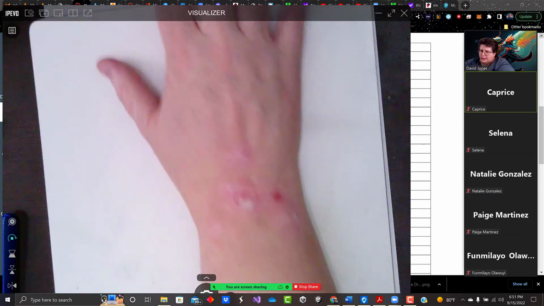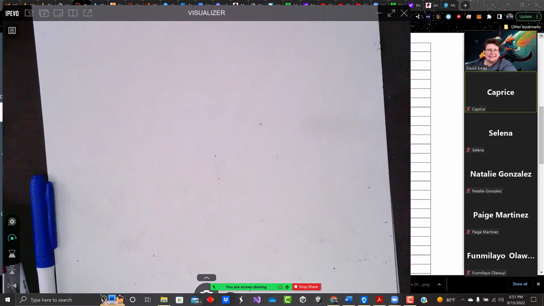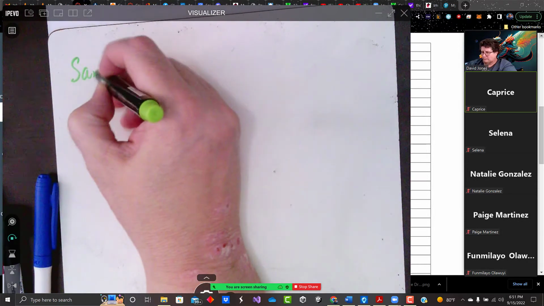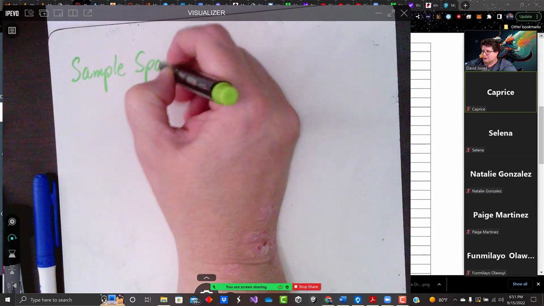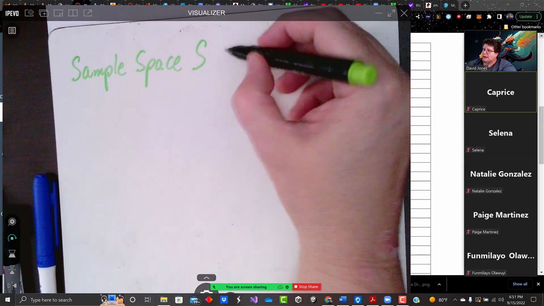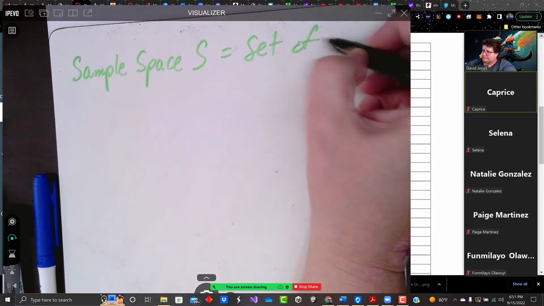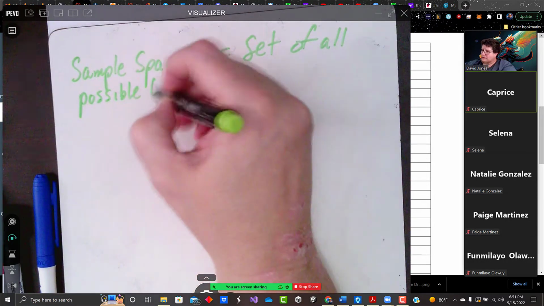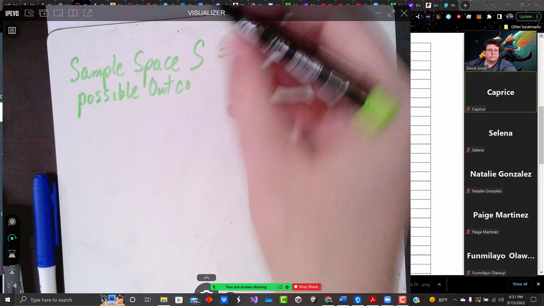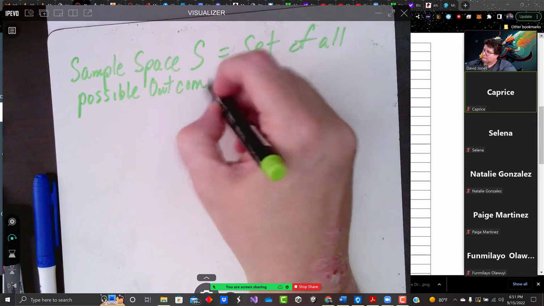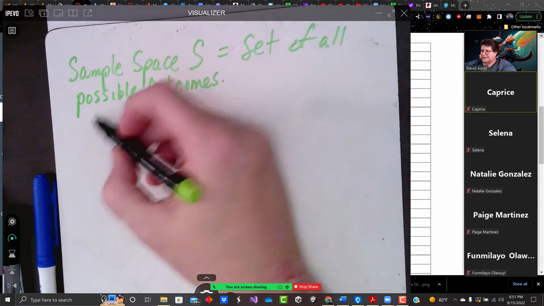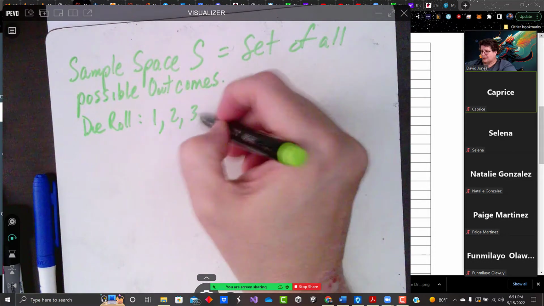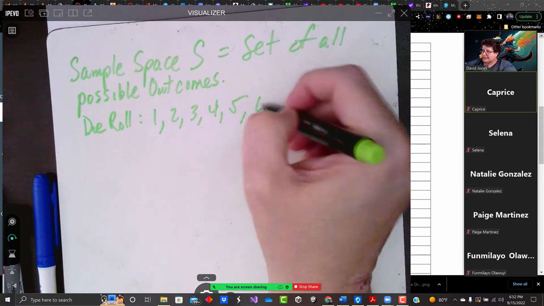Okay. Some more terminology. The sample space, usually denoted by S, is the set of all possible outcomes. For the die roll, we had 1, 2, 3, 4, 5, and 6.